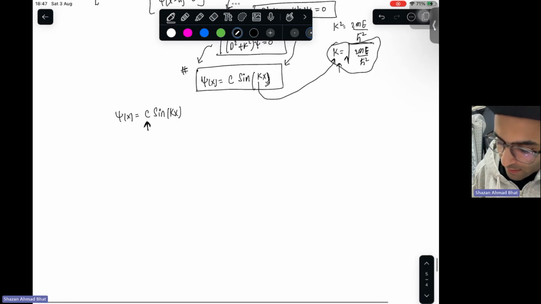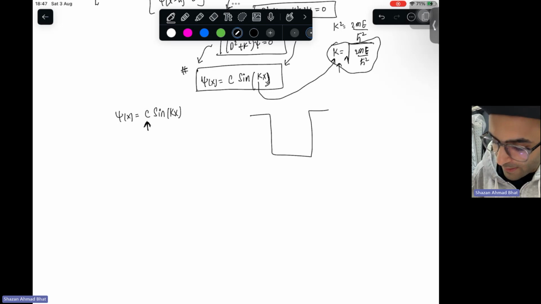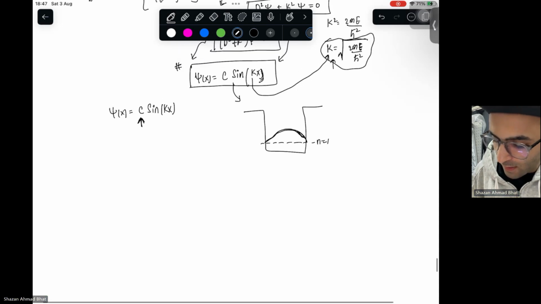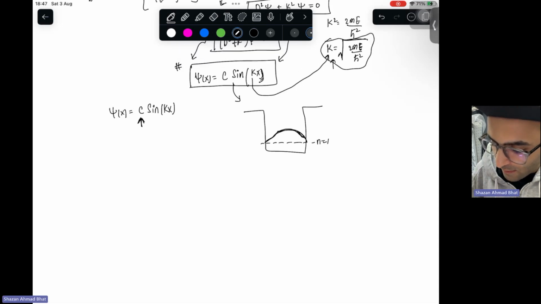Now, remember that if this is a potential well, then the probability, and if you draw this here, there is an energy level n equals 1, and this looks something like this. This is n equals 1.